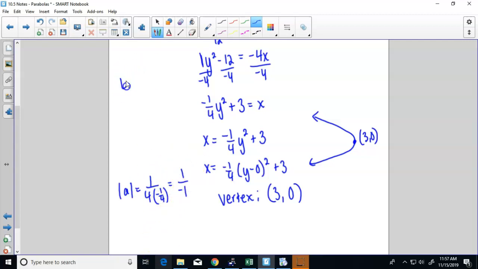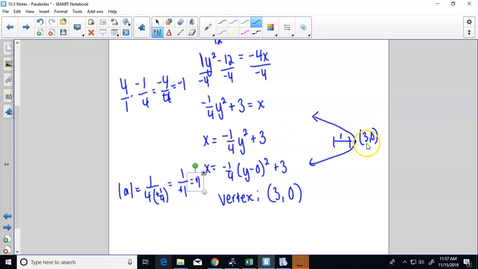If you need to, 4 over 1 times negative 1 over 4 gives you negative 4 over 4, which is negative 1. Or actually, it's absolute value, so don't worry about that negative. Just make it 1 because it's going to match. We don't really care about the sign. We just know we're going to have to go left or right. So our focal length this time is 1, which makes it a lot easier.